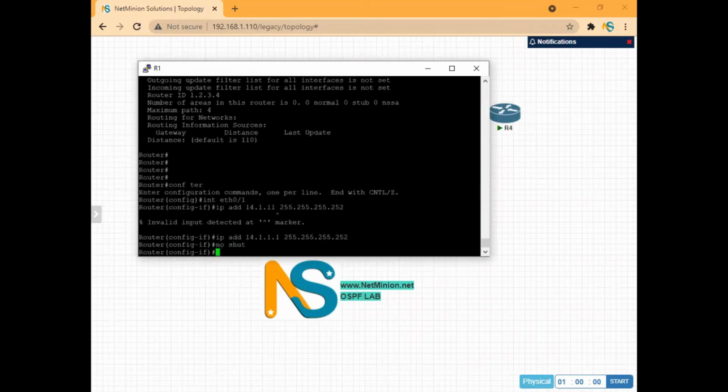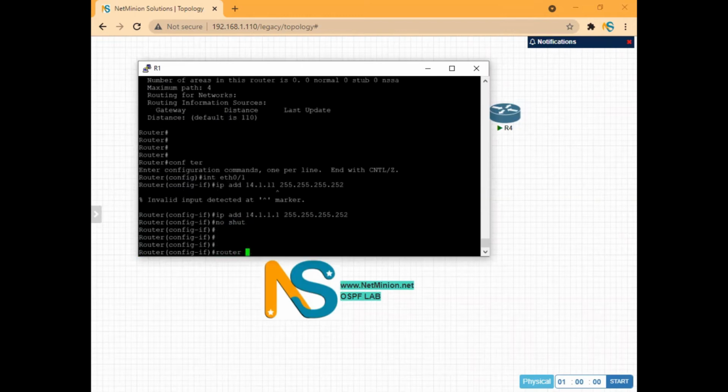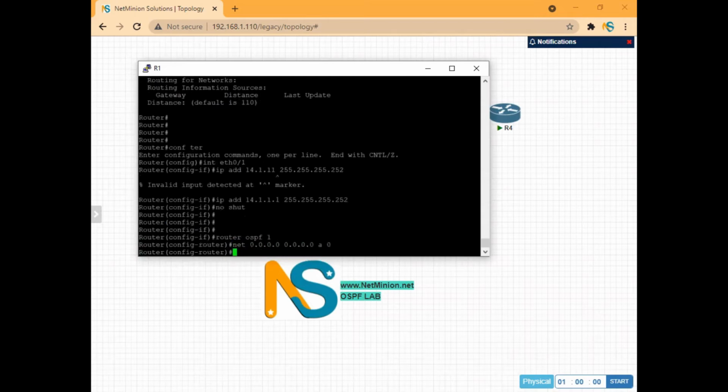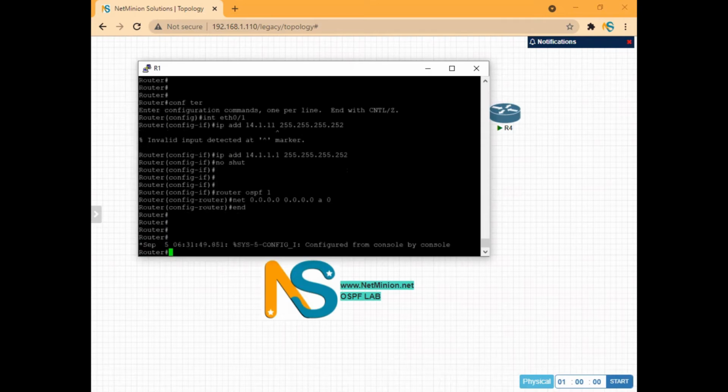No shut. And under router OSPF 1, I am establishing all of the networks under area 0. And one configuration is done.